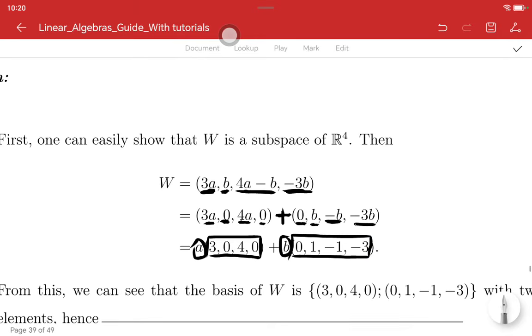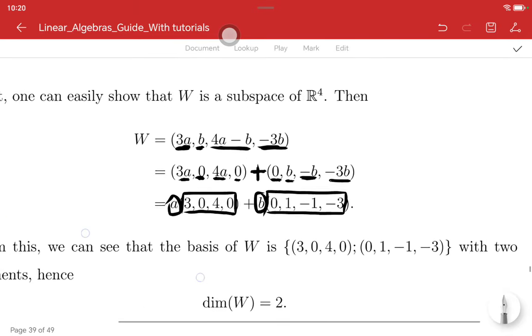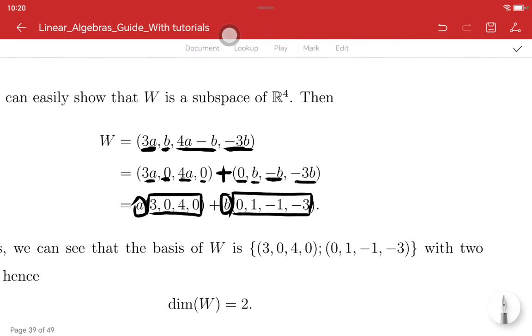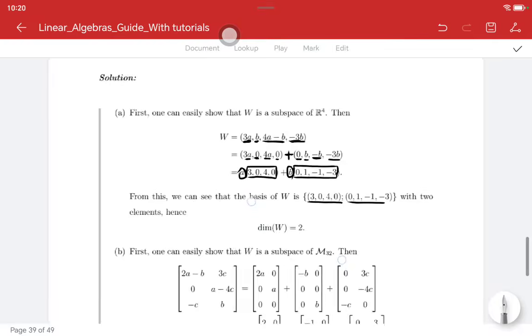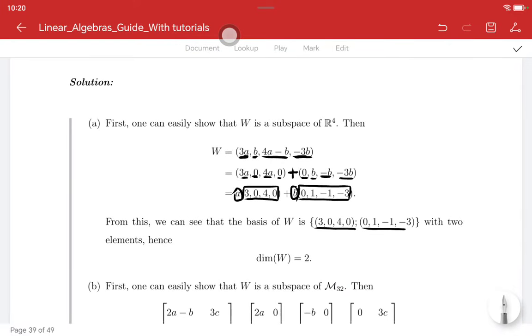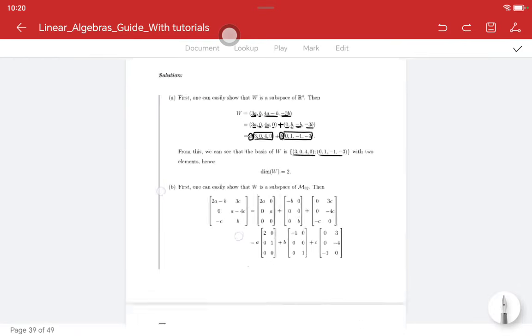You see right now, if we check, from this we can see that the basis of W is 3, 0, 4, 0 and 0, 1, minus 1, minus 3, with 2 elements, or 2 vectors in here. It means that the dimension of W is the number of vectors found in the basis.